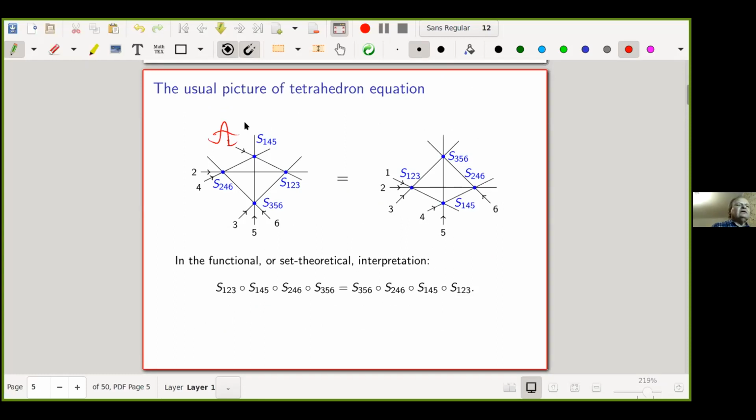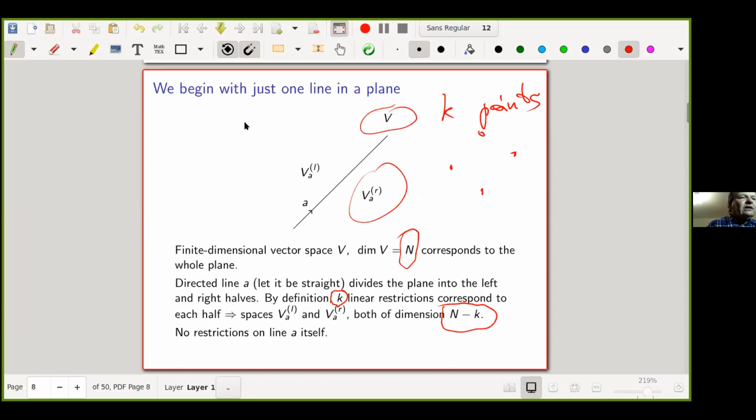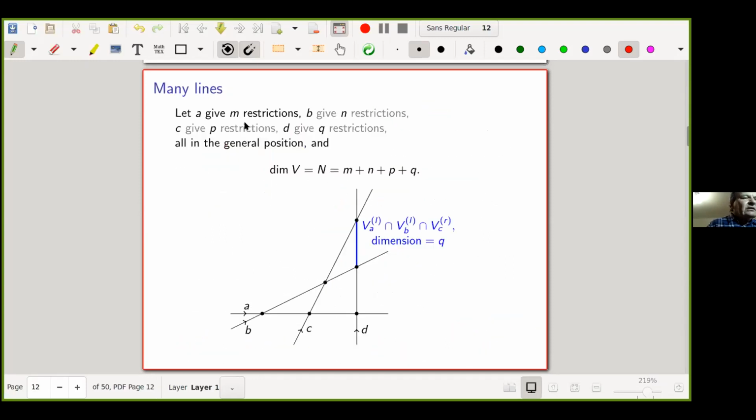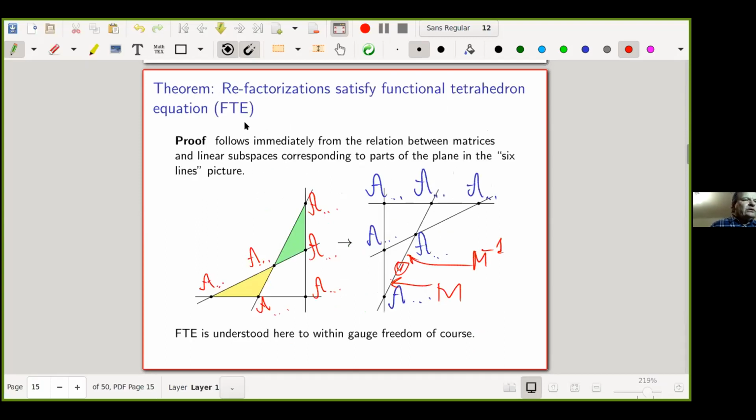So this is a functional tetrahedron equation where the sets on which those S's act, there are 6 sets, and they consist of these block matrices A. Again, I would like to remind you that this, of course, works for a general position, and of course, there are many possibilities of making something singular, but I don't delve into that.